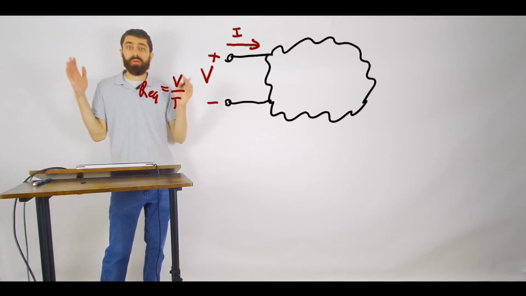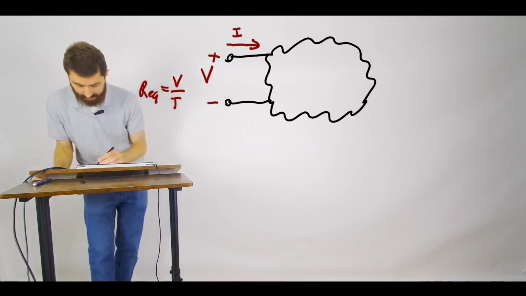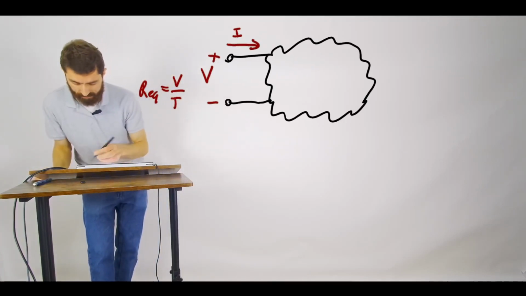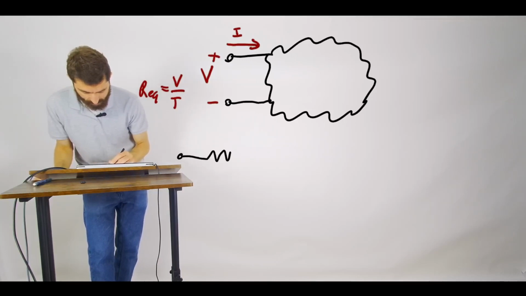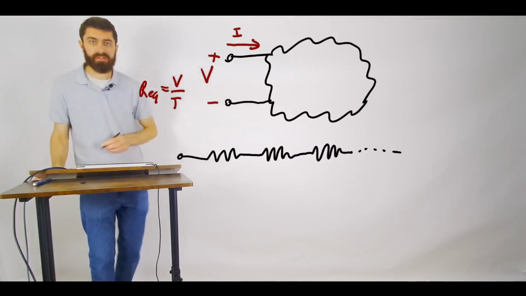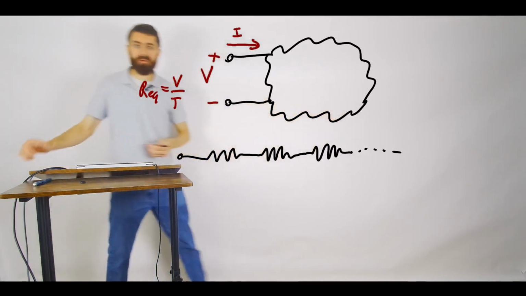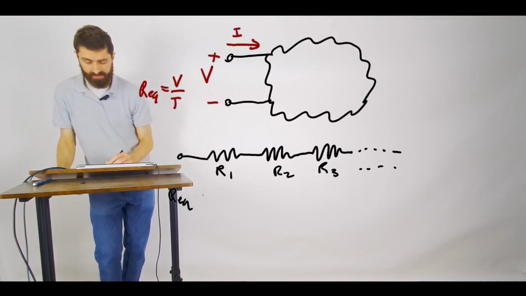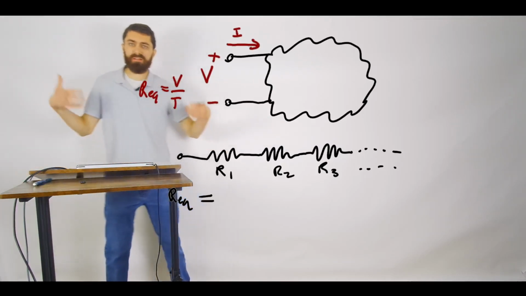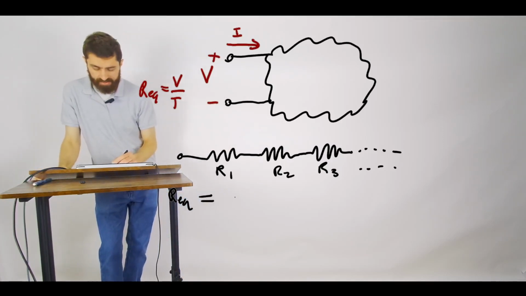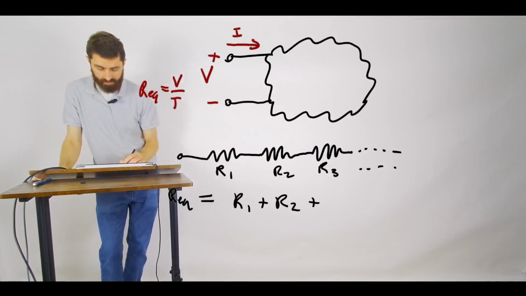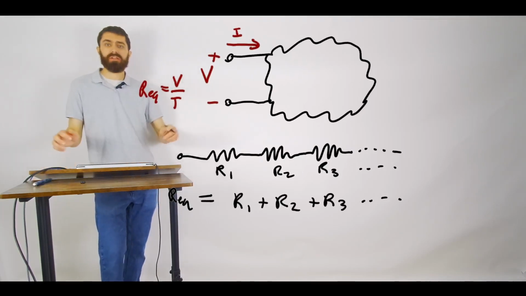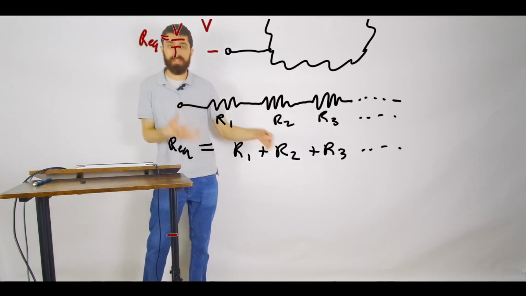When you're combining resistors in series, let's say you've got two resistors here, or actually you could go on and on, dot dot dot, to signify that you could have an infinite number of these, and you label them as R1, R2, R3, dot dot dot. The equivalent resistance, effectively all these resistors together, will act like a single resistor that is equal to R1 plus R2 plus R3 dot dot dot. You just add them all together.